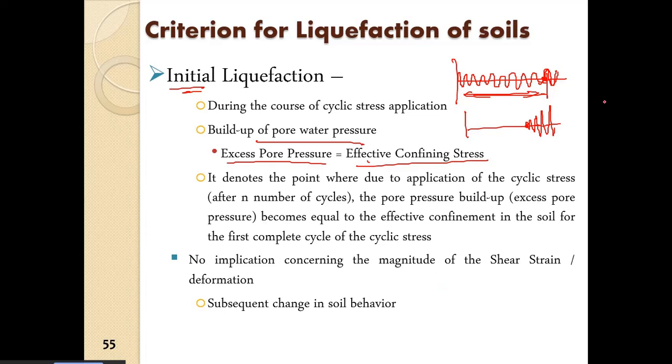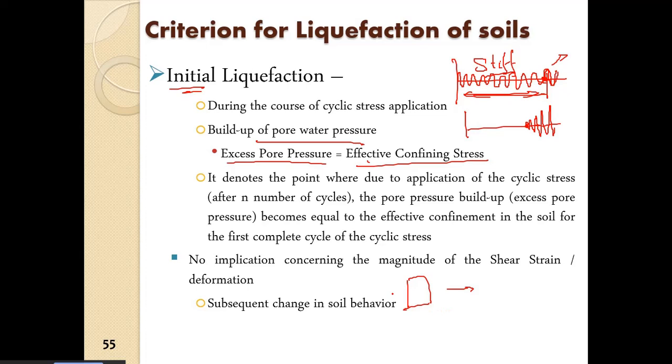Up to that point, the soil was stiff. Beyond that point, the soil will start changing its behavior from a stiff, solid mass to a viscous fluid. It will start deforming under even a small amount of static residual stress.